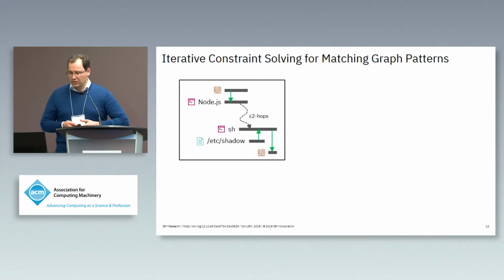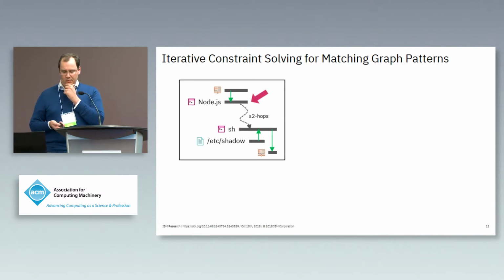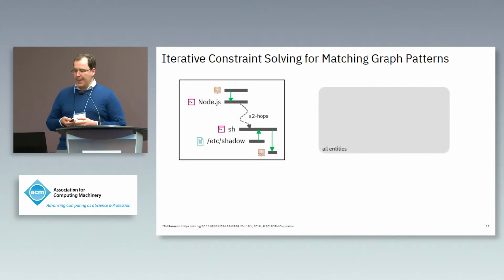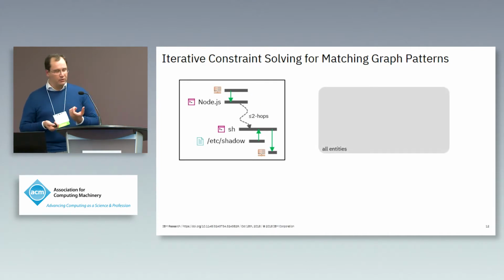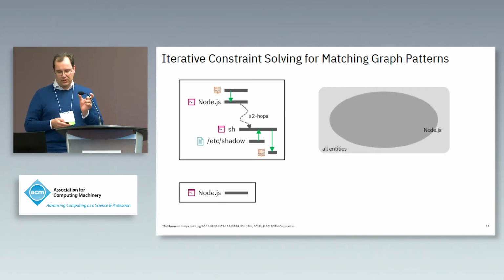So in this case, just to give a taste of how this constraint solving works, because that's essentially what's going to happen, there are lots of heuristics that go on, but very simply, we solve constraint by constraint. First we solve the first constraint, and we have all the entities that match the Node.js process.